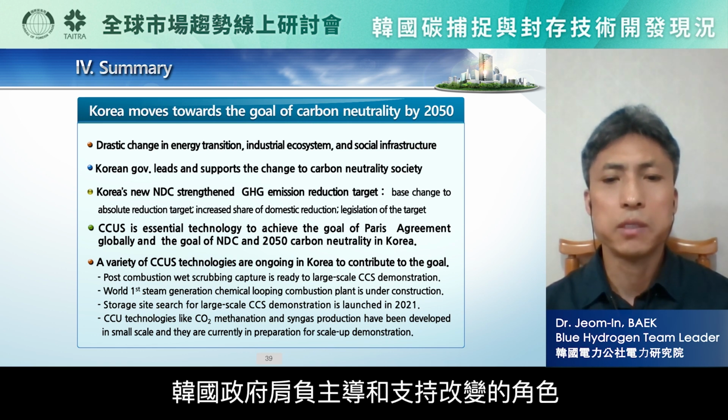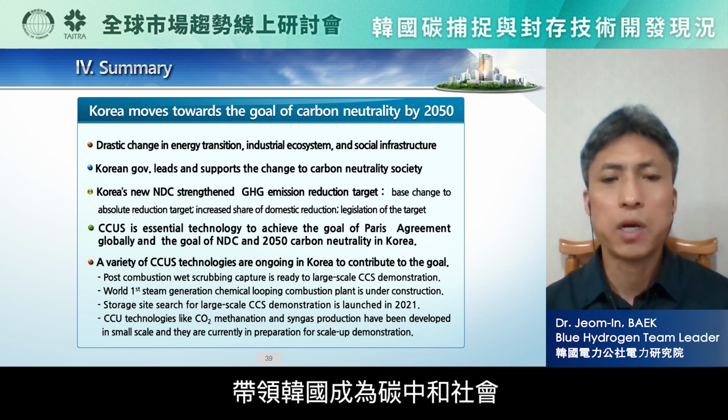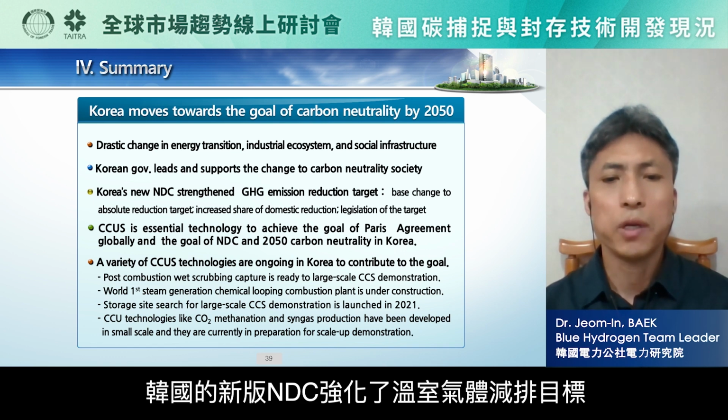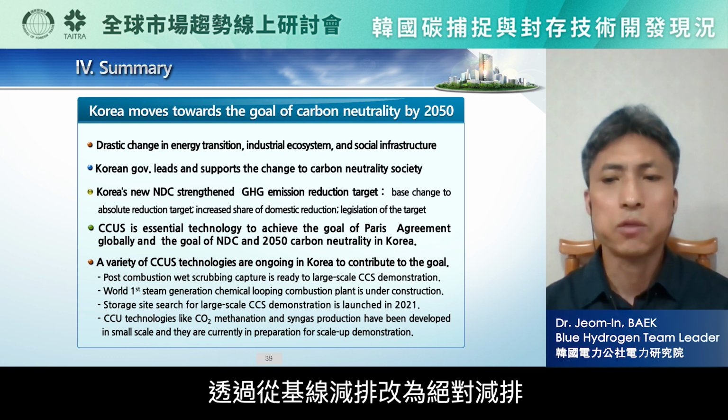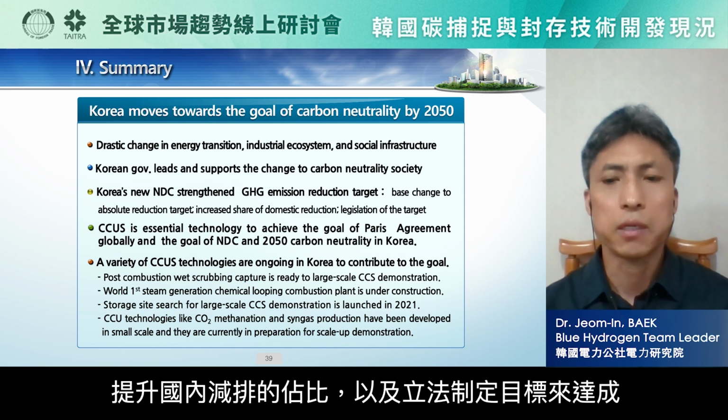Korean government is leading and supporting the change heading for carbon neutrality society. Korea's new NDC strengthened GHG emission reduction target through base change to absolute reduction target, increased share of domestic reduction, and legislation of the target.